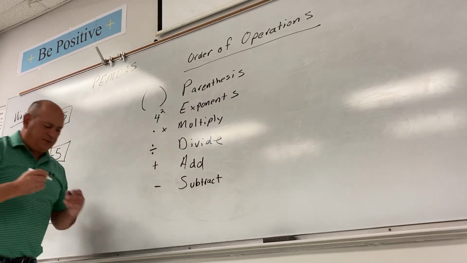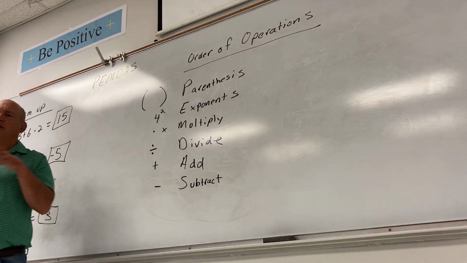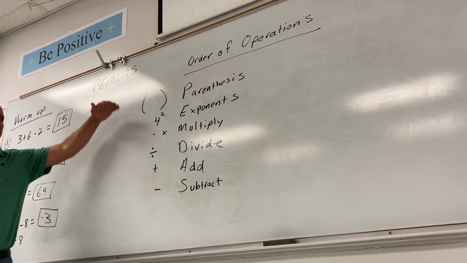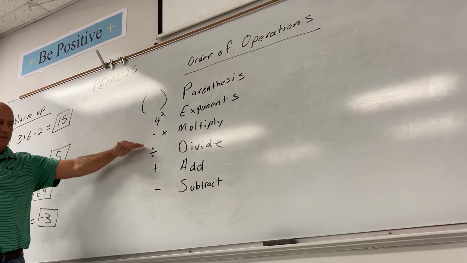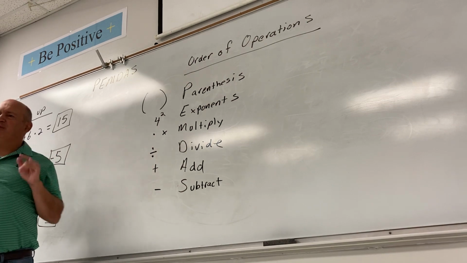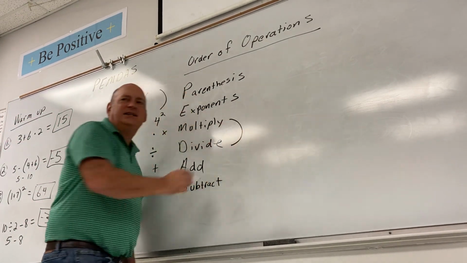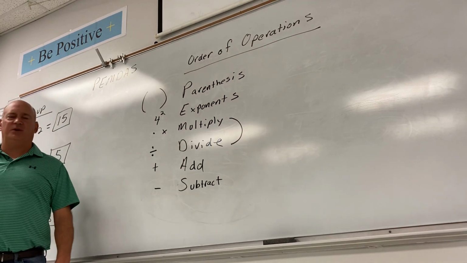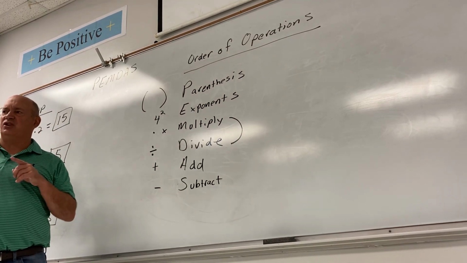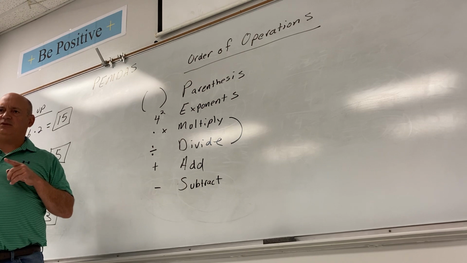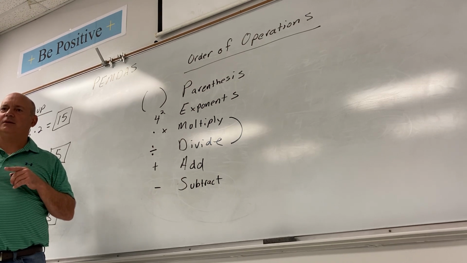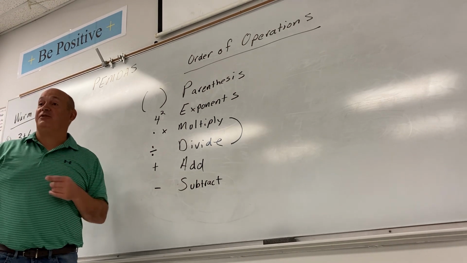So, as we're doing order of operations, you must do everything in this order. And there's a couple of rules. What if all I see in the problem is only multiplication and division? Then you do it left to right.